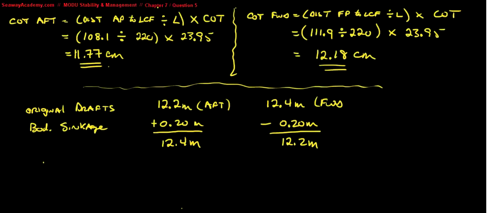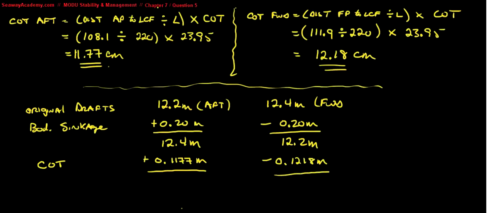Now we have to apply our change due to trim. We calculated the change of trim aft and the change of trim forward. Again, we got answers in centimeters, so divide them by 100 to convert it to meters. So our change of trim aft will be 0.1177 meters. We add that. Our change of trim forward will be 0.1218 meters, and we subtract that from the forward end.